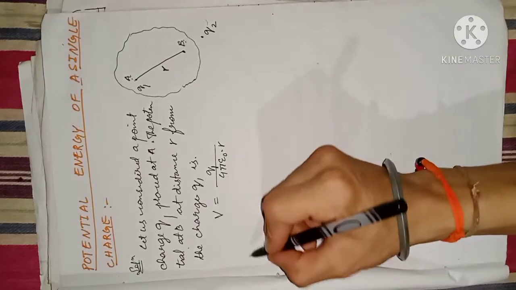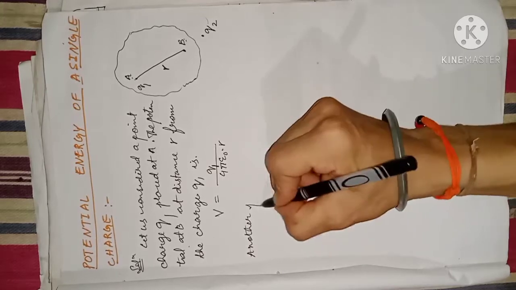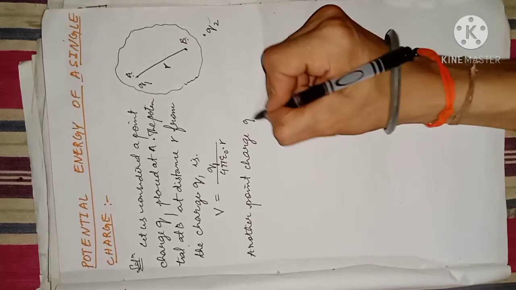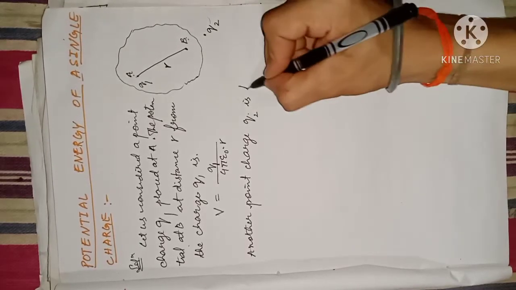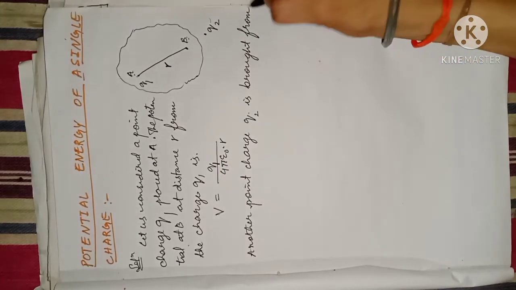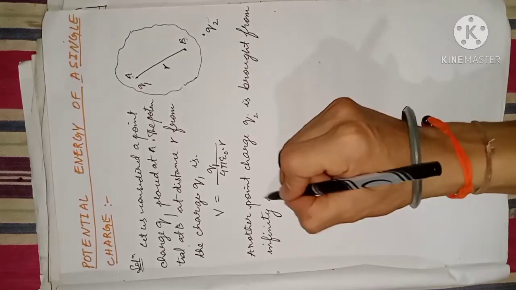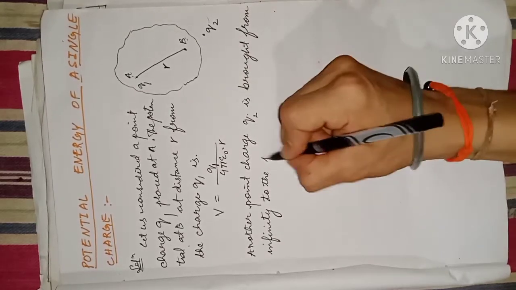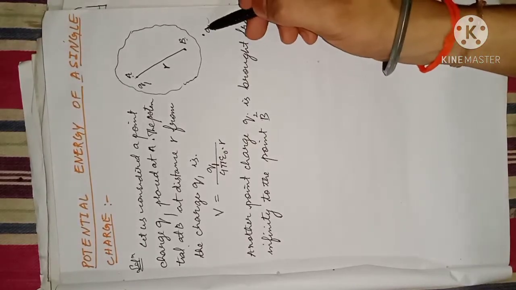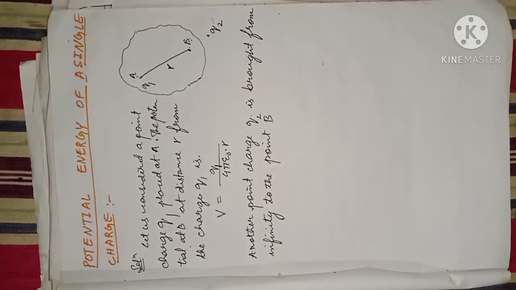So we write: another point charge q2 is brought from infinity to the point B. There also will be some potential energy.